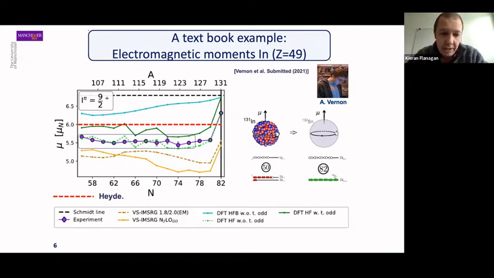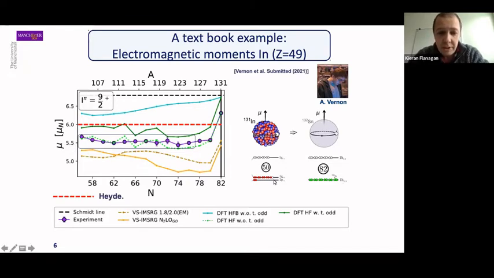And so these are the calculations which are presented here. I don't want to spend too much time on the moments, but this is more to point out that this picture of, let's say, a region where there's not much collectivity, and the actual wave function of these isotopes is well pinned down, is not necessarily true.